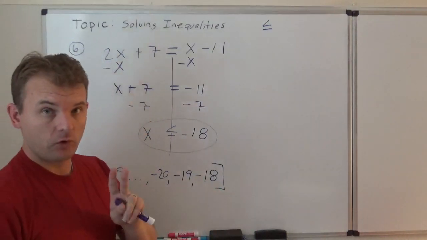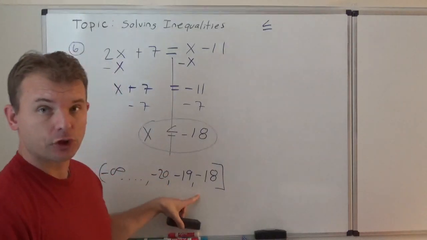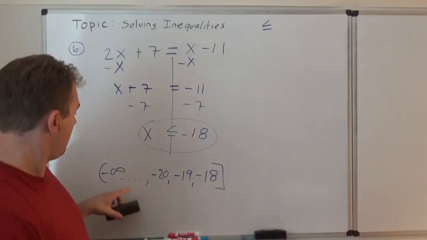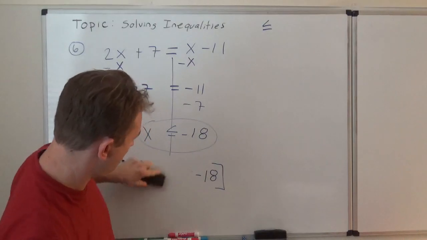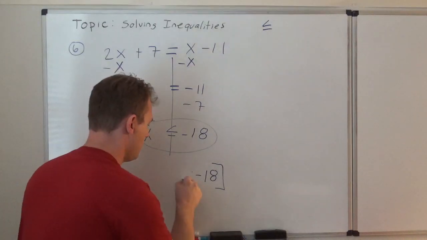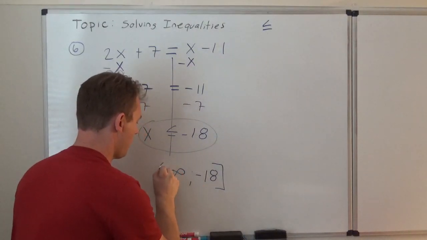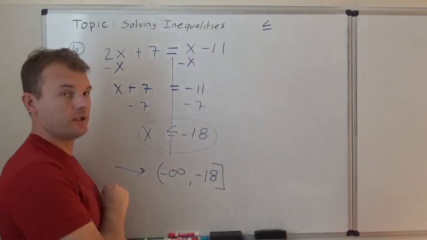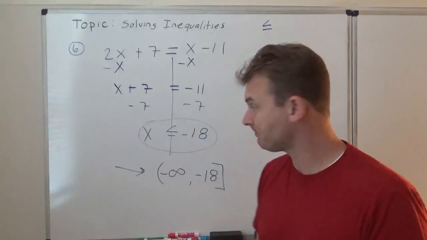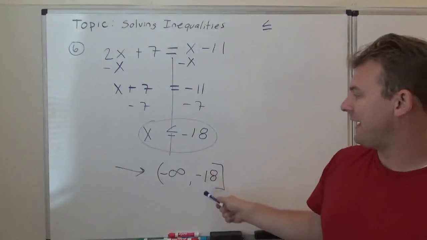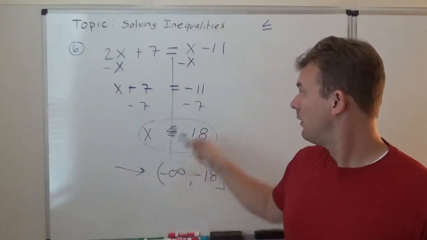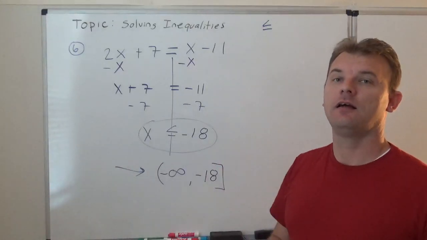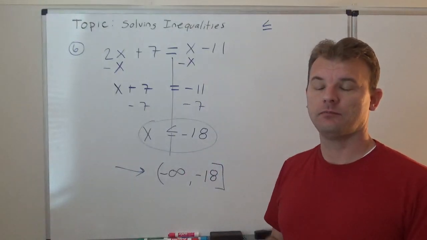But then remember, I told you interval notation doesn't include all these other answers. They just include that right there. So that's your interval notation. Okay? So everything in this solution set will satisfy that inequality.